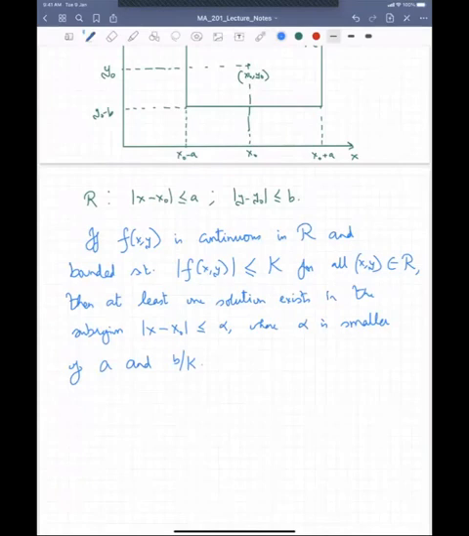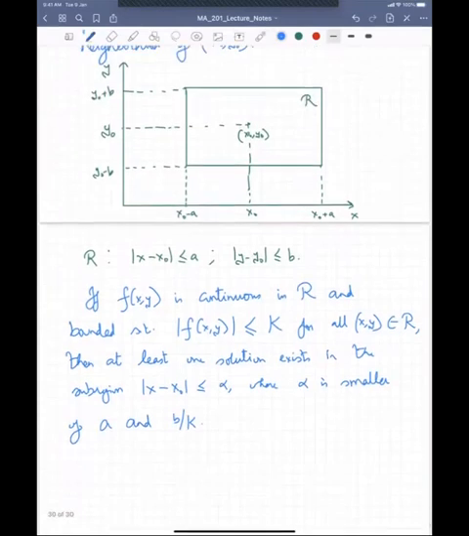In general, simply making R as big as possible won't really help you, because a solution might not exist in the entire region of R. Usually it can maybe only exist in a region like this. Let us say this is x0, this is x0 minus alpha, and this is x0 plus alpha.